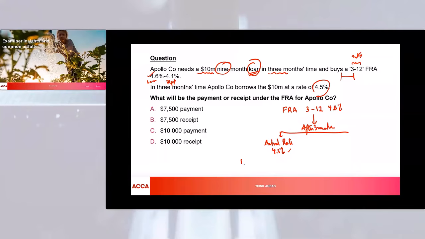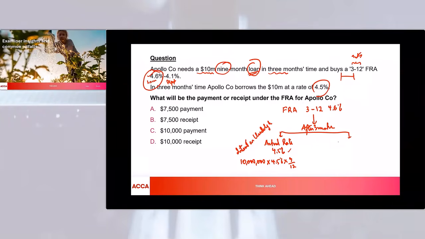So that's going to be 10 million into 4.5 percent into 9 divided by 12. So this will be the interest on the underlying loan. But we had in fact agreed for how much?